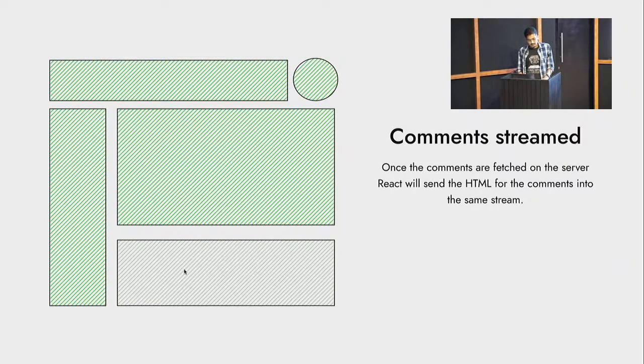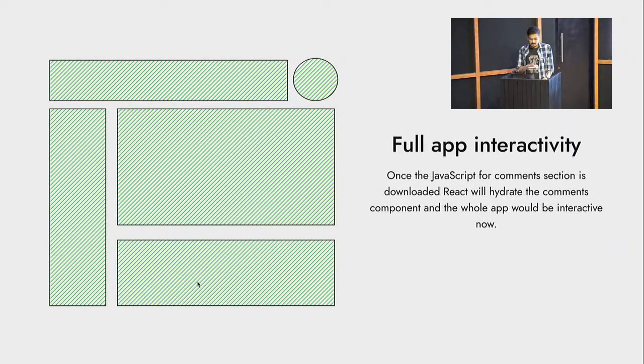So the gray again represents that they are not ready to be interacted with yet. They have the HTML in the stream itself. So we can start fetching the relevant JavaScript for the comments, and once the relevant JavaScript is fetched, we hydrate the comments as well, and again our app is fully interactive now.